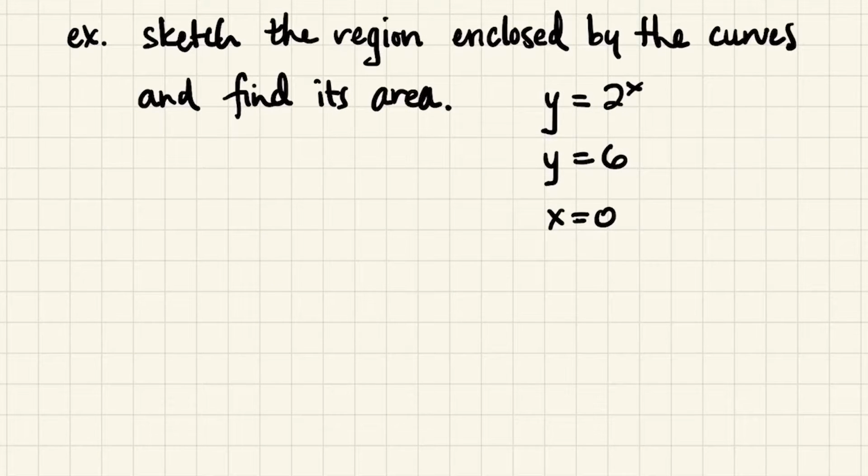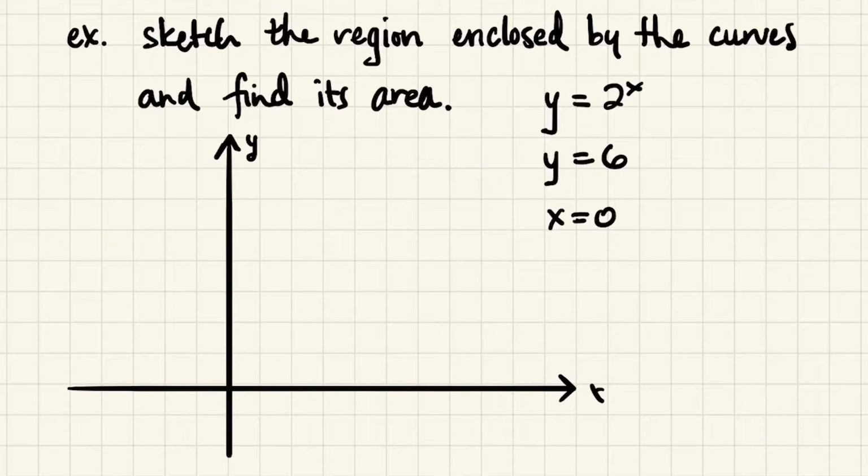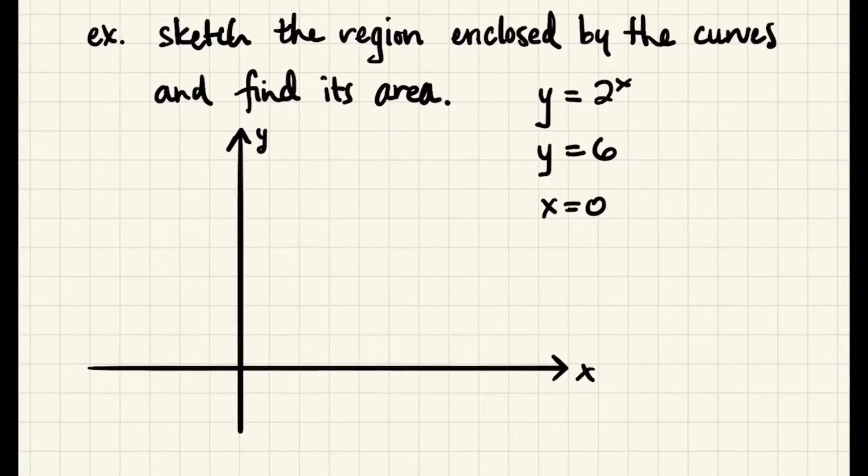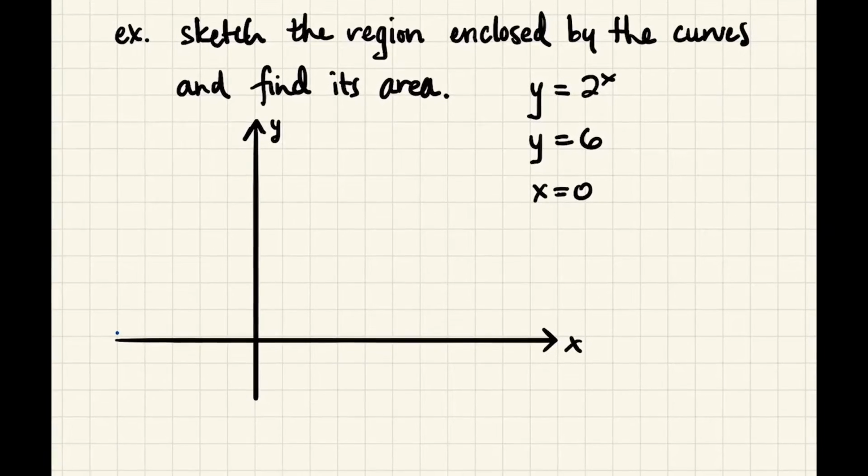Okay, so here we're going to sketch a region which will enclose an area, and then we're going to use an integral to find that exact area. So let's start by sketching the curves that are given here. All right, so y equal 2 to the x. That's an exponential curve.